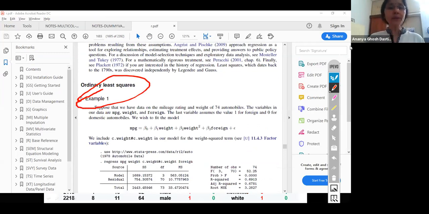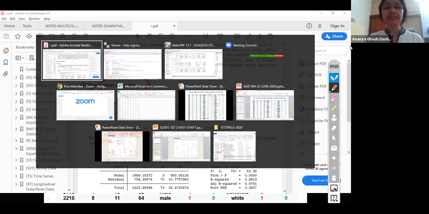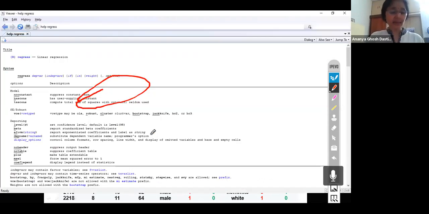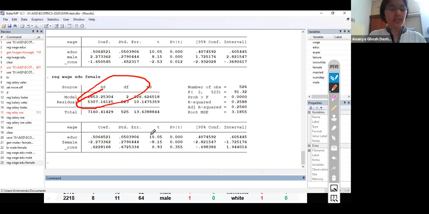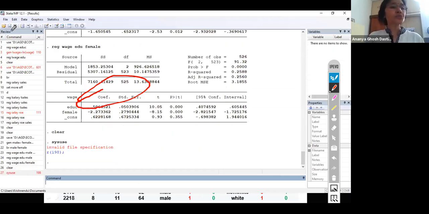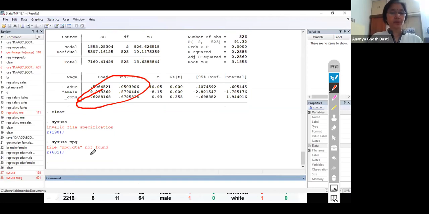And one more thing about Stata is that Stata has some built-in data sets. If I tell Stata to use some of its built-in data sets, there is a command called sysuse.